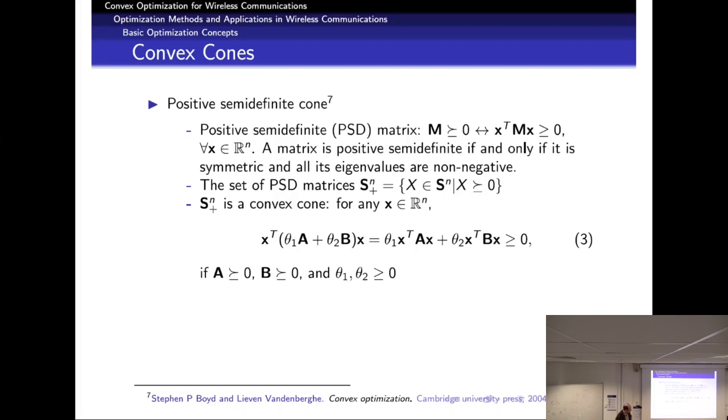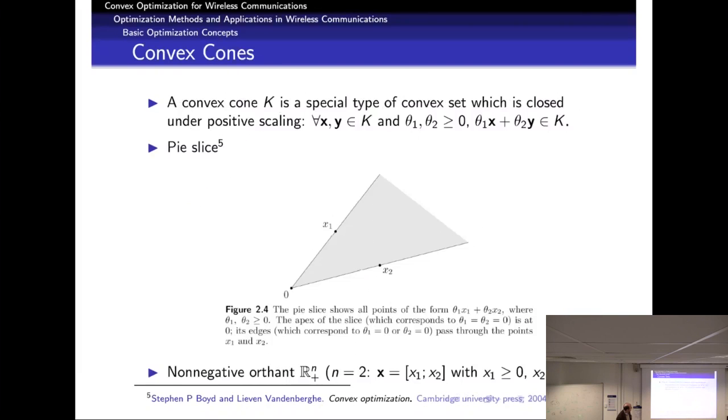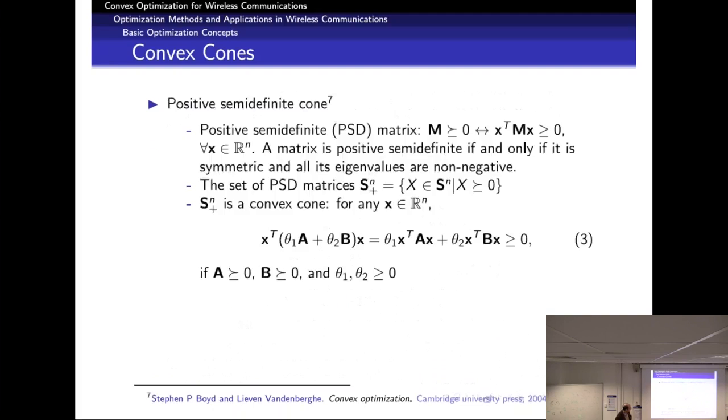So I'm just taking the definition here of cone that we had, right? Instead of having an x, now I'm taking those PSD matrices, and I'm saying that if you scale them and you combine them, this quantity will still be positive semi-definite.